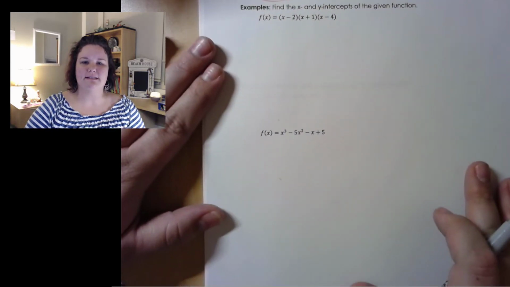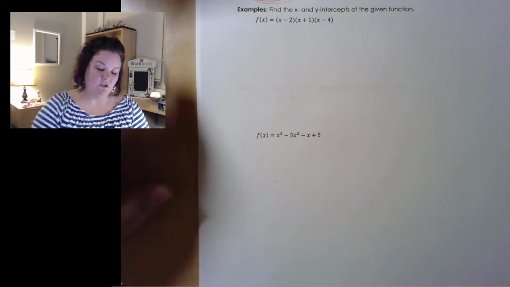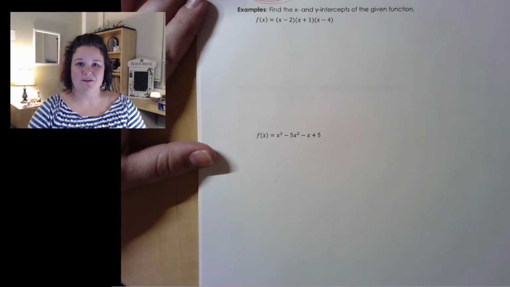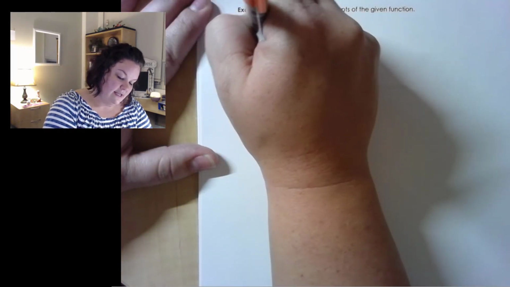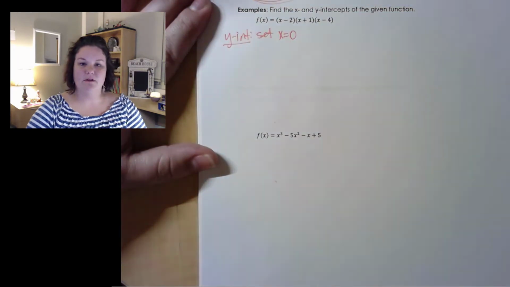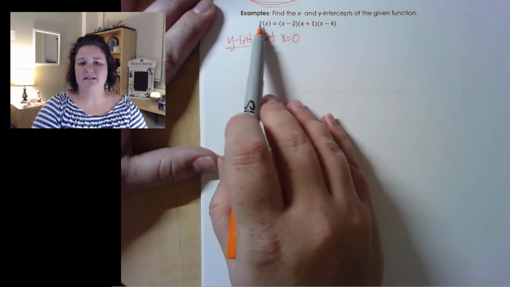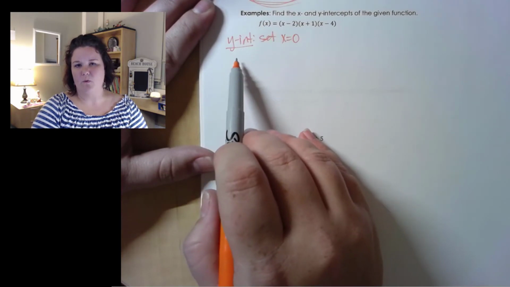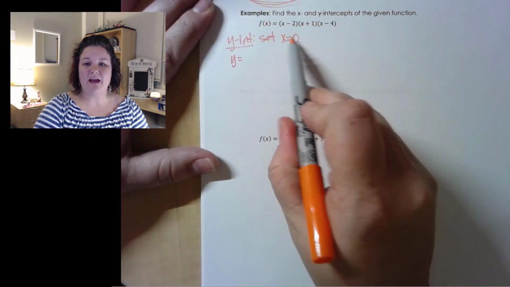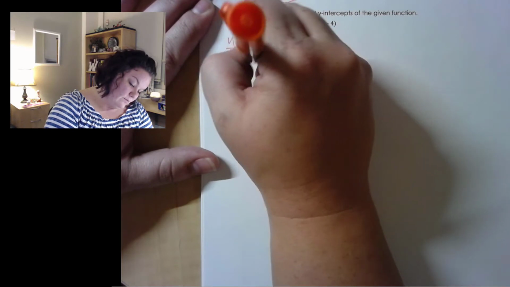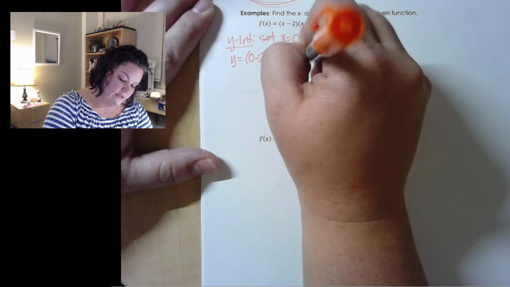So let's go ahead and look at our examples here. It says find the X and Y intercepts of the given function. I always start with the Y-intercept because I think it's a little bit easier to find. So for our Y-intercept, we're going to set X equal to 0. Remember, f of x is the same thing as y, so I'm going to write it with a y just so it's less confusing. So we have y is equal to, and then I'm just going to put a 0 in everywhere I see an x. So I have 0 minus 2, 0 plus 1, and 0 minus 4.